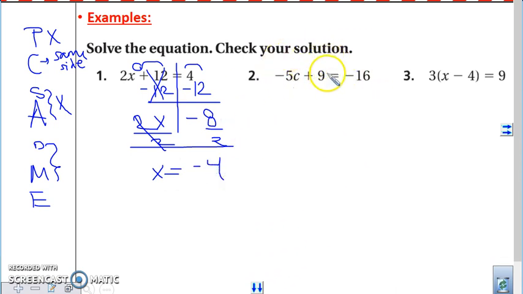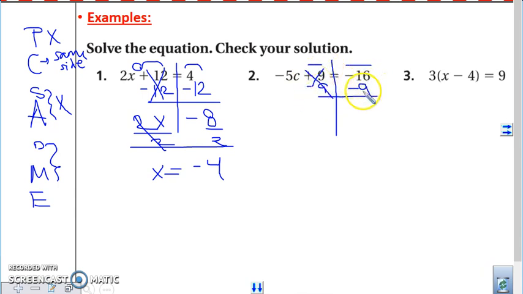Okay, number 2. Is there parentheses? No. Are there like terms on the same side? No, there's like terms on opposites. Here's our like terms, and they're on opposites. Remember, these were what we were using our highlighters for. So we're going to move on. Subtraction and addition. How do you undo addition, subtraction? Inverse operations.